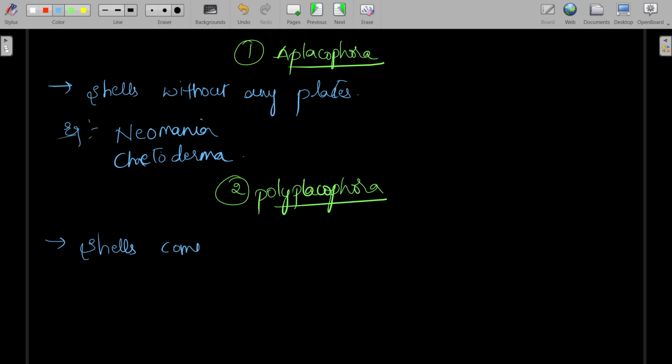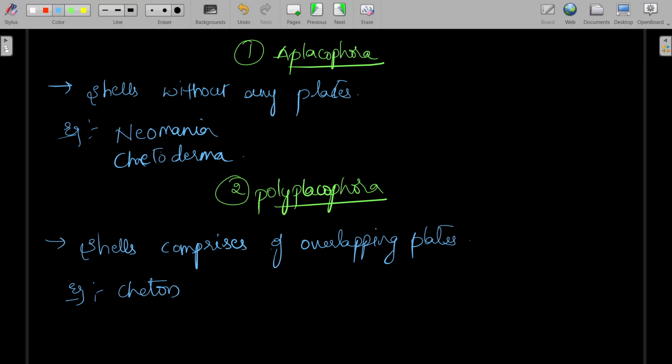Aplacophora do not have any plates, while these Polyplacophora have overlapping plates in the shells. Examples of Polyplacophora are Chiton and Chaetopleura.